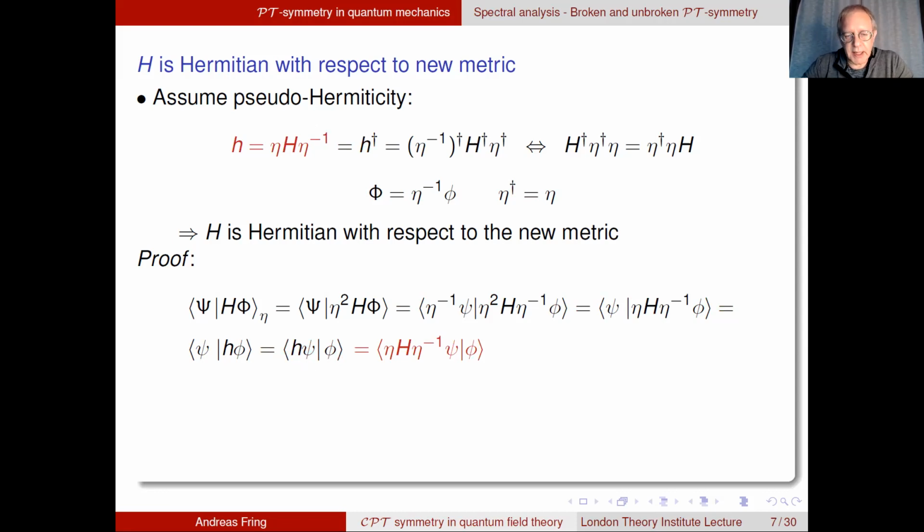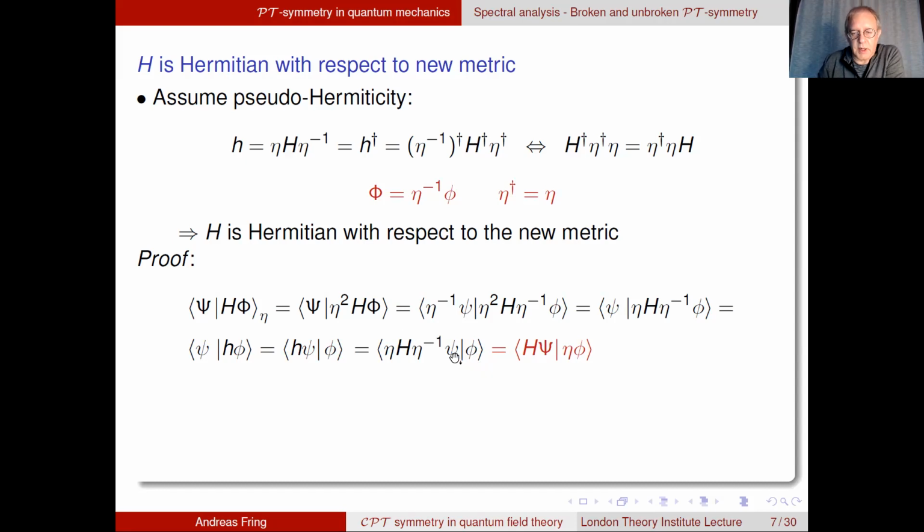Now I replace again H by eta capital H eta^-1, using now the pseudo-Hermitian relation once more. And I can bring the eta to the right-hand side. So eta is Hermitian as well, so it comes over here as an eta acting on the phi.